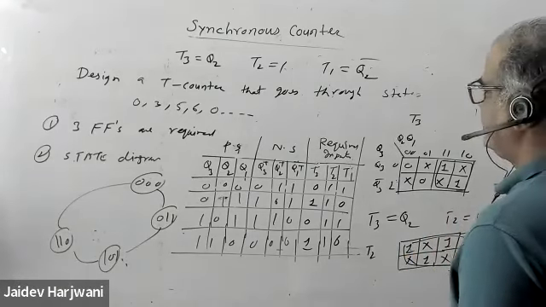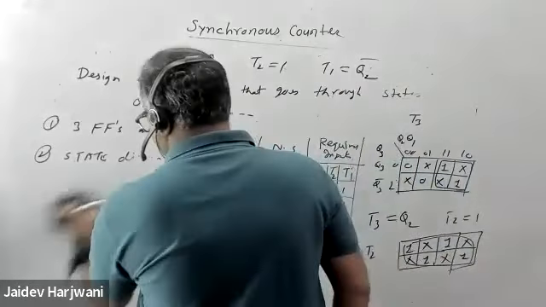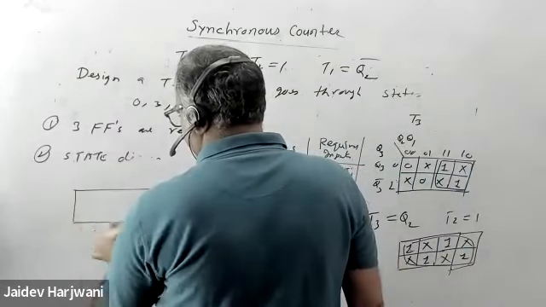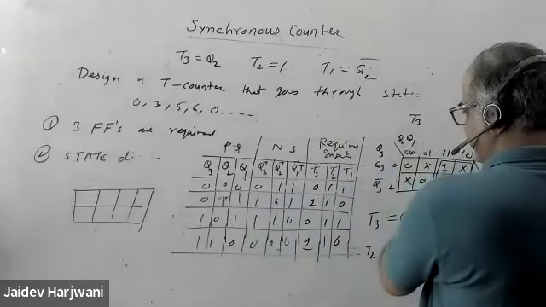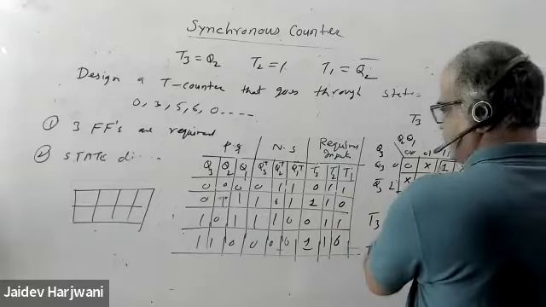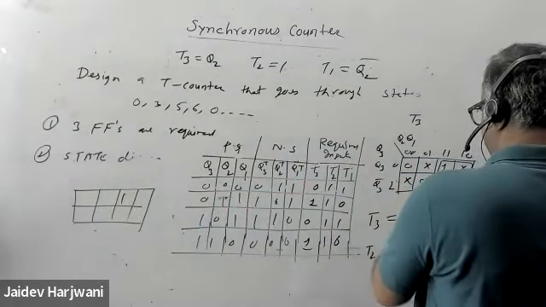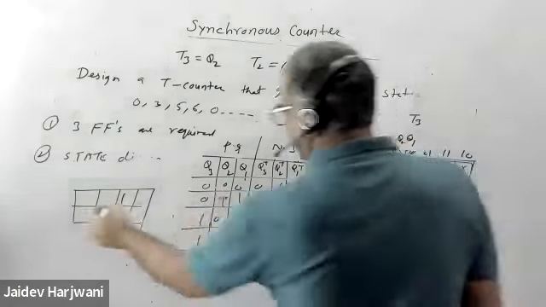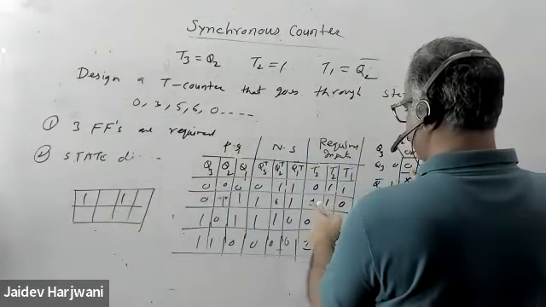And T1. Positions are the same, only you have 1 0 1 0. So here, instead of this one you have 1, correct? Then you have 1 0. The first position is 1. Second position you have here this 1.